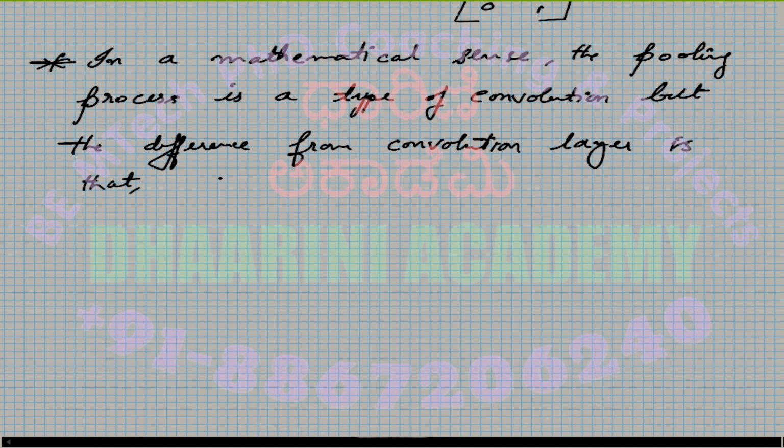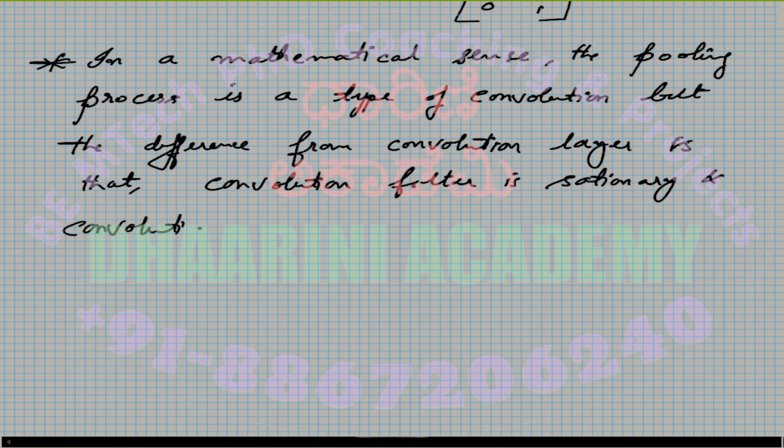The convolution filter is stationary and there is no overlap between the areas. The convolution areas do not overlap.